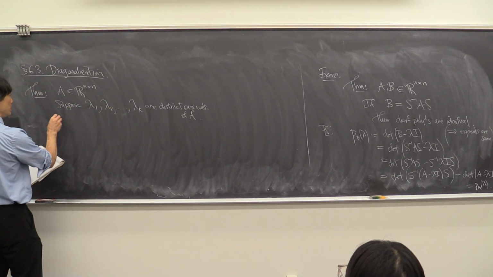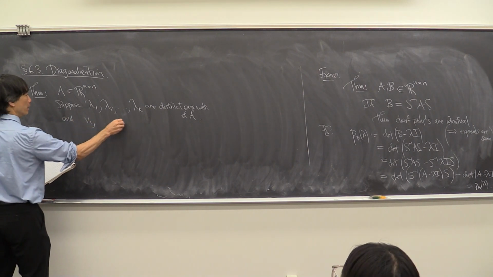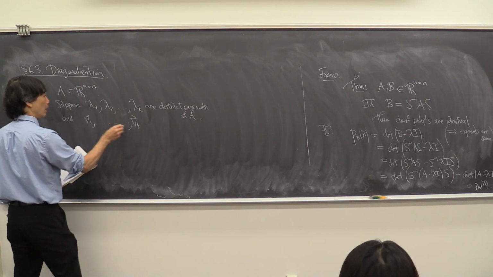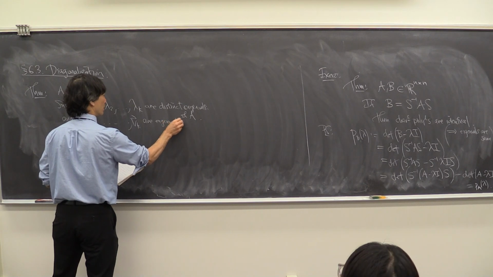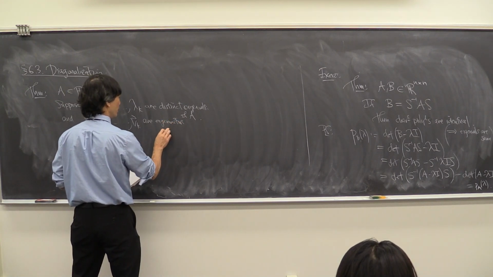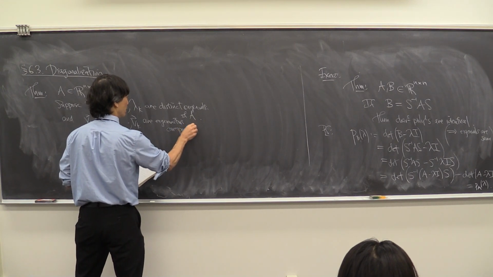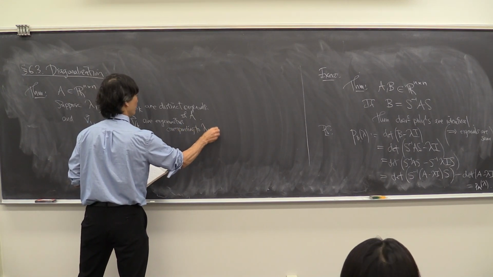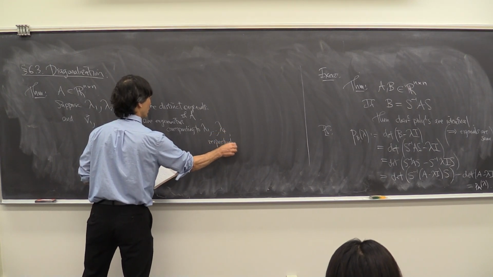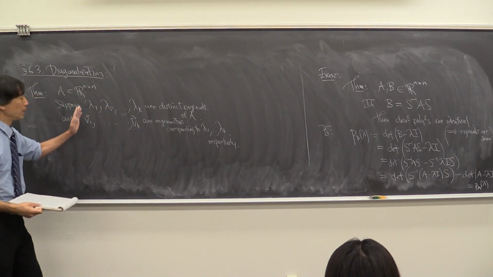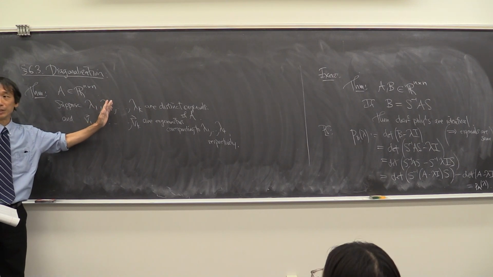And suppose that v1 to vk are eigenvectors corresponding to lambda 1 to lambda k respectively. So v1 is an eigenvector of lambda 1, v2 of lambda 2, and so on and so forth.